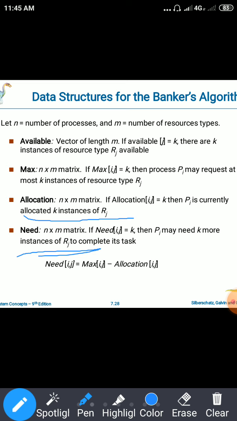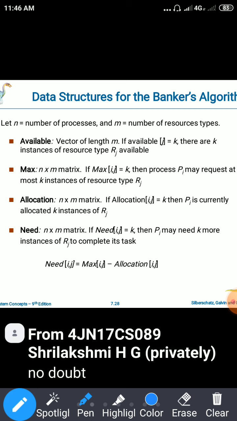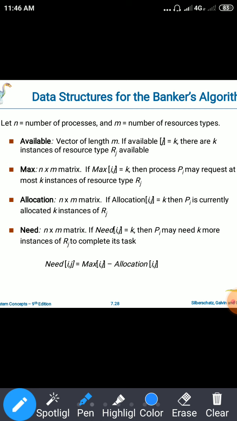Maximum is the maximum resources required by the process, and allocation means currently allocated resources. If we subtract the allocated resources from the maximum resources, we get the need of resources for the process P1. Understood? Any doubt in these data structures? If not, I'll move on to the next topic. For the implementation of the Banker's algorithm, we require these 4 data structures. Okay, next we'll move on to the next slide.